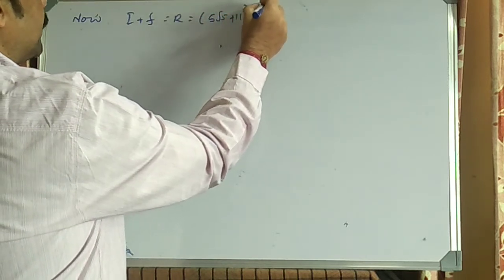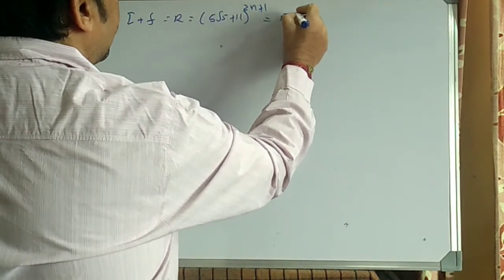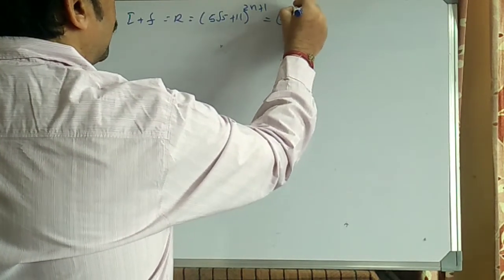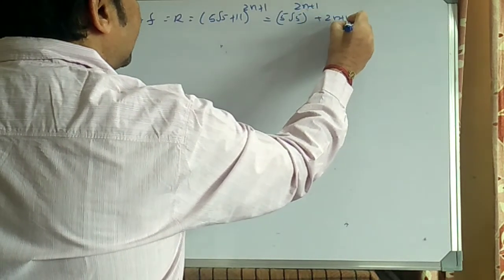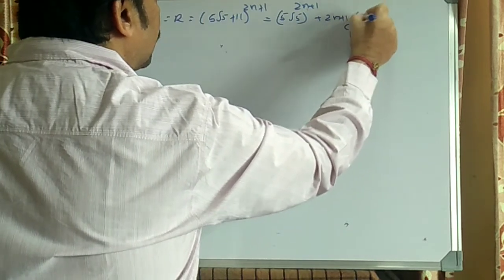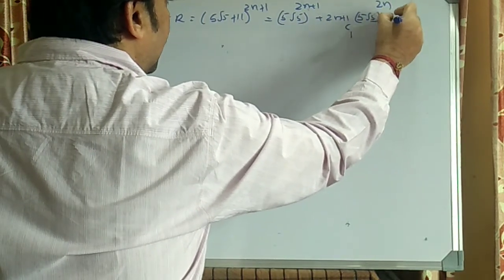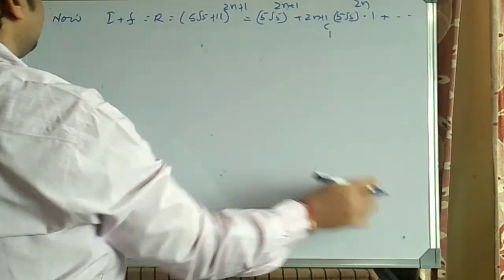Now I plus f, which is nothing but R, is equal to (5√5 + 11) to the power 2n+1, which is equal to (5√5) to the power 2n+1 plus 2n+1 C1 into (5√5) to the power 2n into 11, and so on.